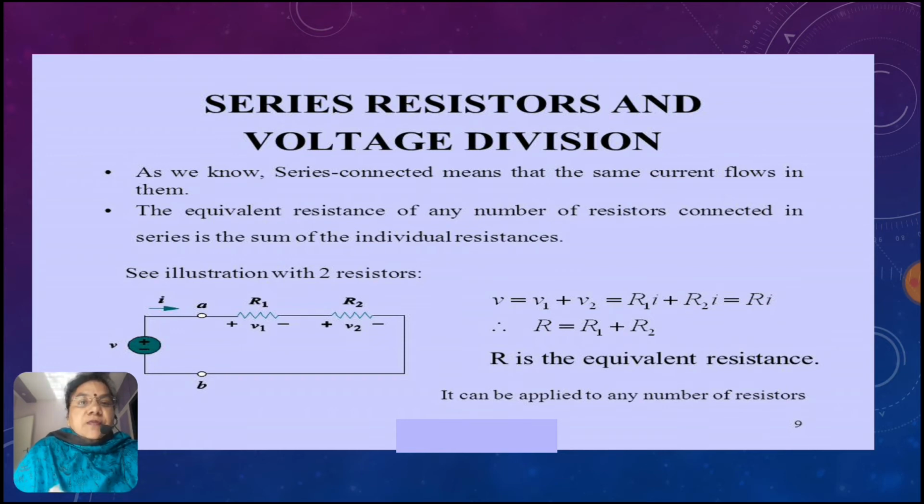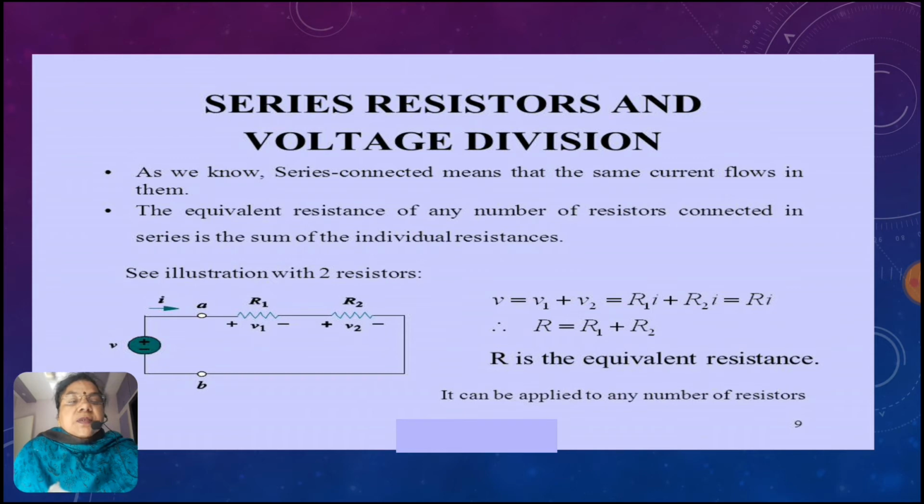In this circuit, you just see R1 and R2 connected in series. So what is the total resistance? R1 plus R2. Now what is the current flowing through R1 and R2? Because of the voltage source V, it will be the same, I. So I can calculate it by V upon R1 plus R2. The equivalent resistance is R1 plus R2 and the current I is equal to V upon R1 plus R2.